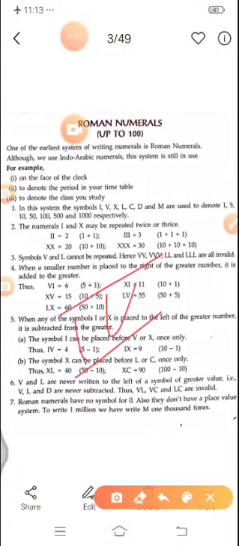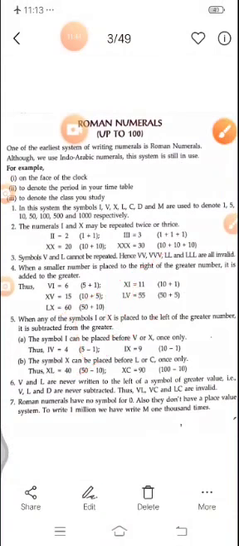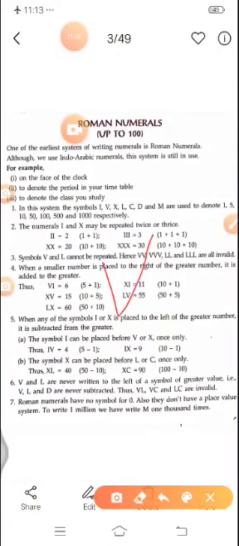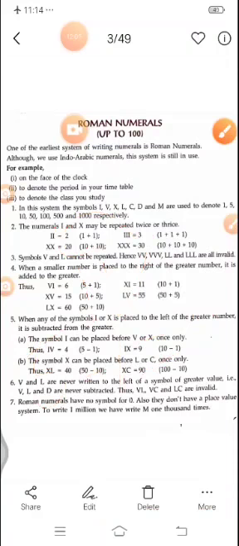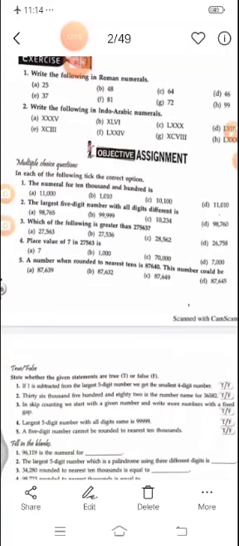Okay students, like if we write I to the left of the V, then it is known as 4. 5 minus 1 equal to 4. Okay students, so there are some rules of the Roman numbers. So with the help of these rules, you can easily write the Roman numbers.